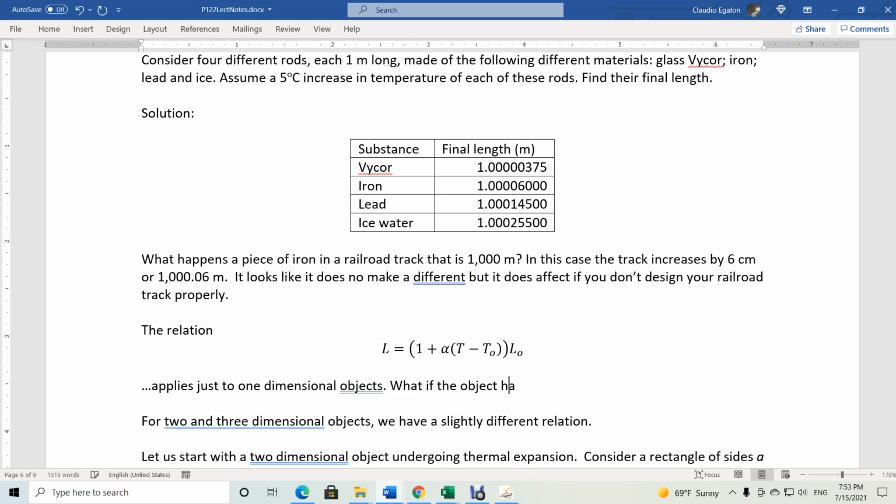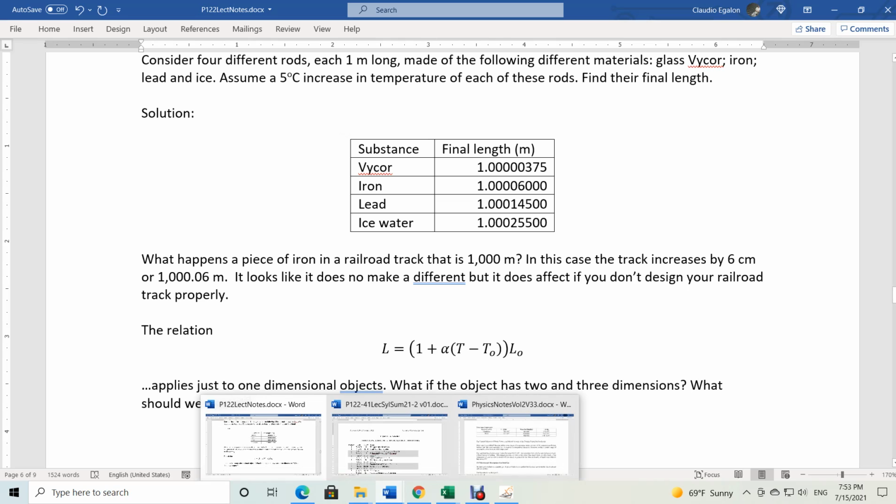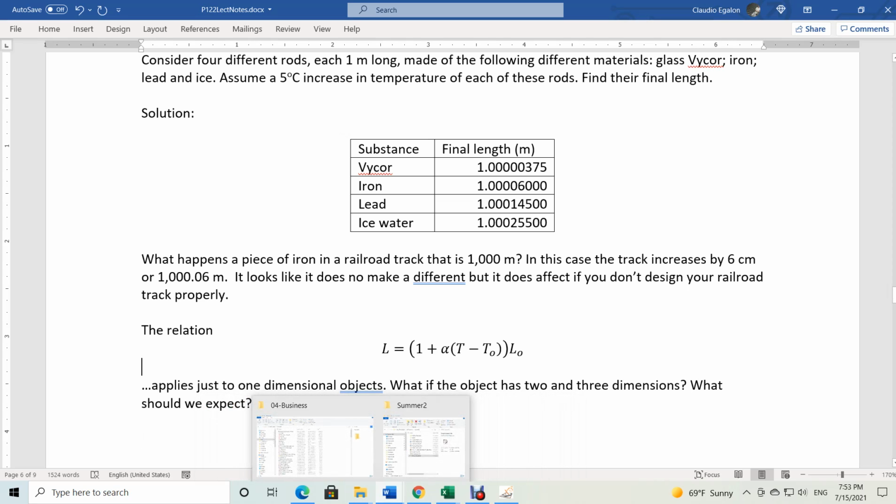The object has two or three dimensions. What should we expect? Okay, let me show you. Let me come up with an illustration for you so you can understand how we should look at the case of a plate, for instance.